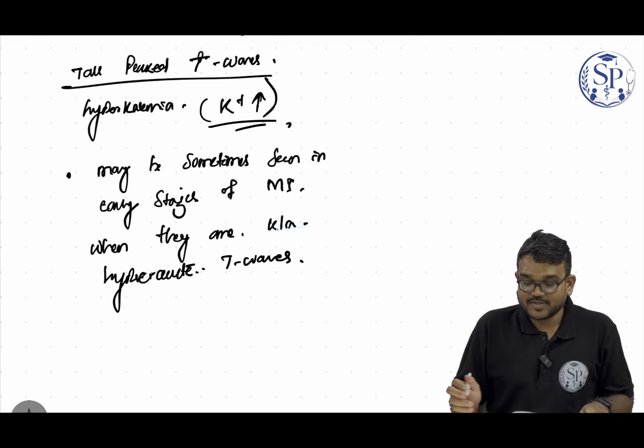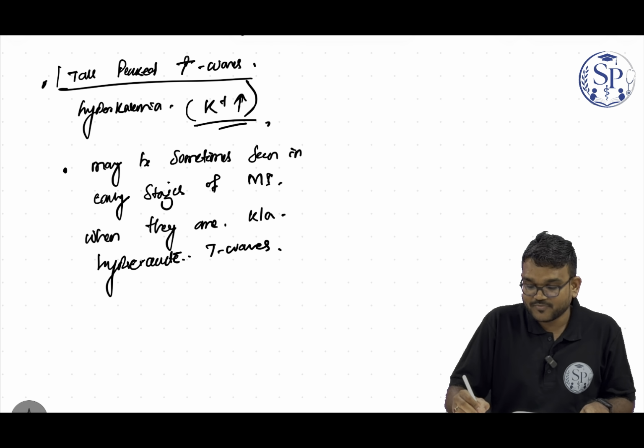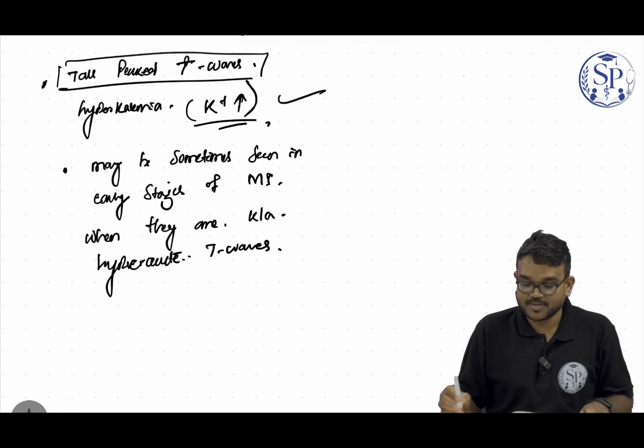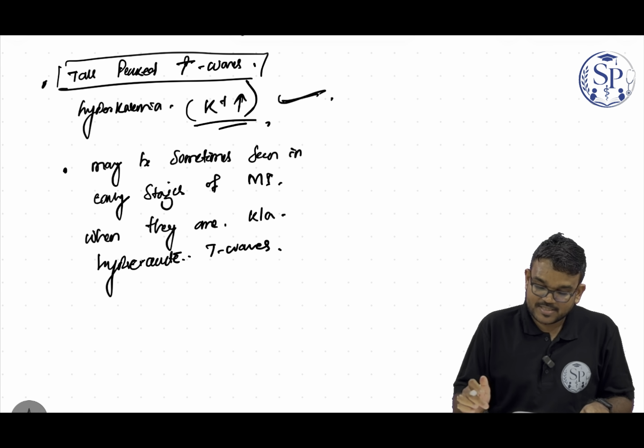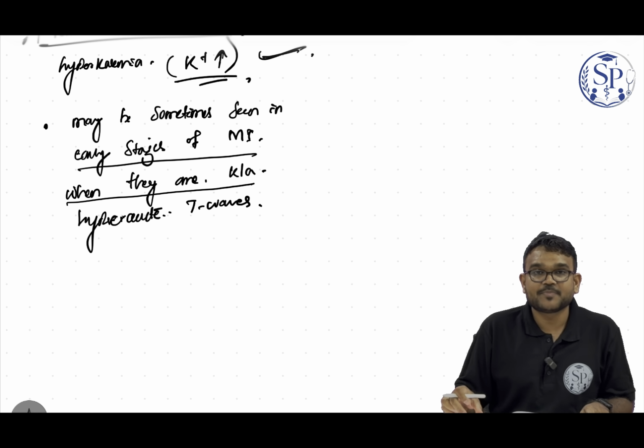So, what are the different pathognomonic features of the tall peaked T waves? Most common finding is hyperkalemia, and it may sometimes be seen in early stages of myocardial infarction when they are called hyperacute T waves.